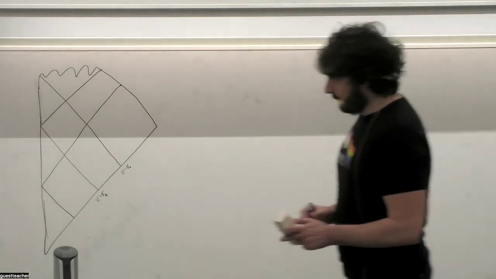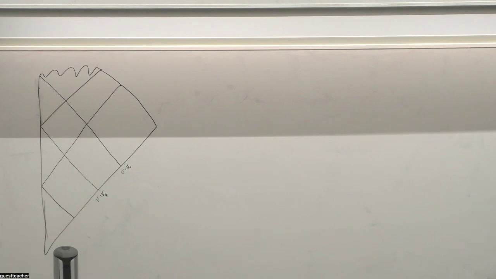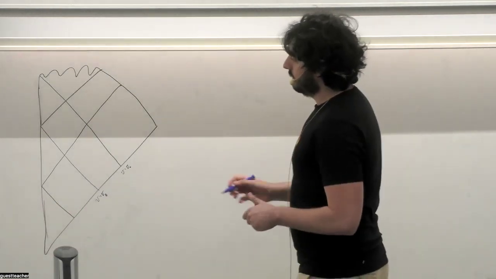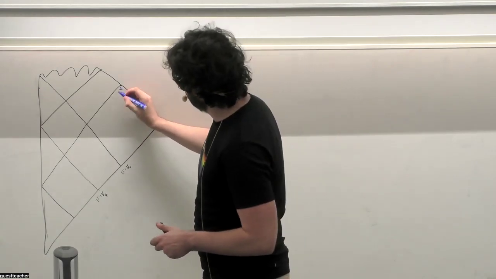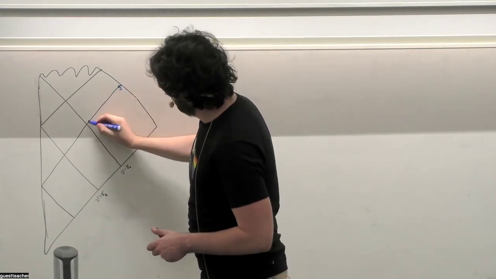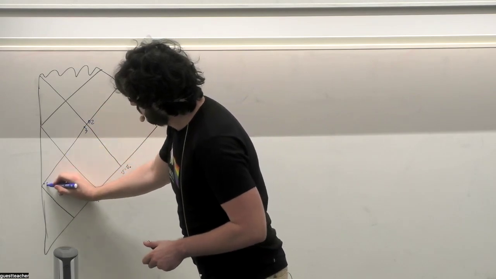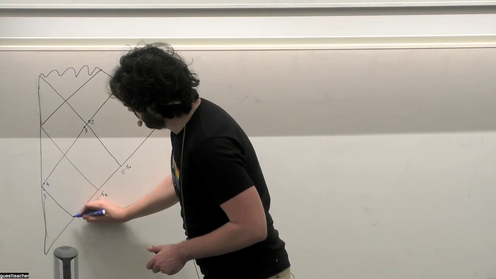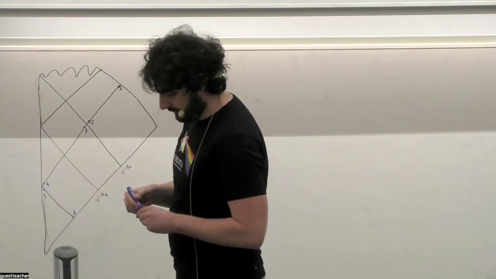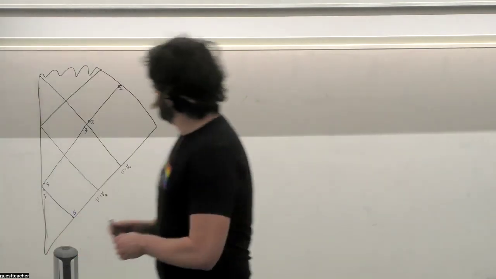So we're interested in the modes at a few points. Maybe I can denote them with the blue marker. Let's say 1 here, 2, 3, 4, 5, and 6. I will tell you what these points are now.